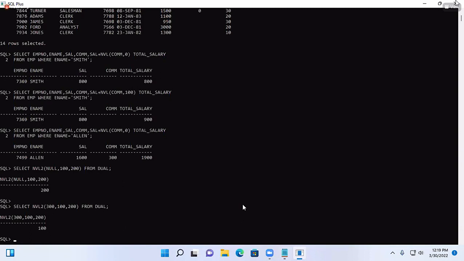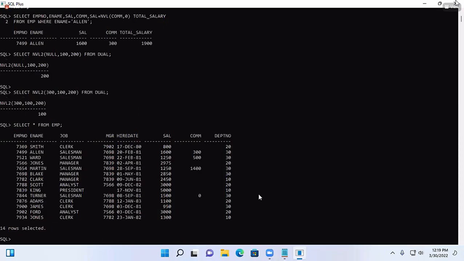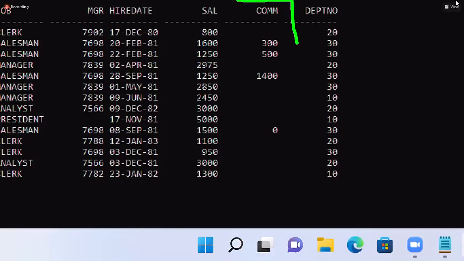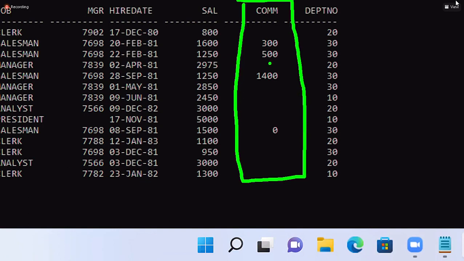Let me go and see the table. In the EMP table, in the commission column, a few people's commissions have values and a few are null. Those null places, how much do I want to put? 800.